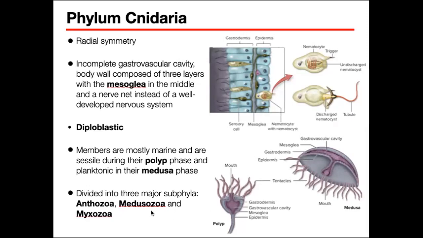Okay? Medusozoa naman are cnidarians na talagang medusa lang yung kanyang phase all throughout its life cycle. Okay? And myxozoa are cnidarians that both manifest yung polyp and medusa phase during their life cycle.